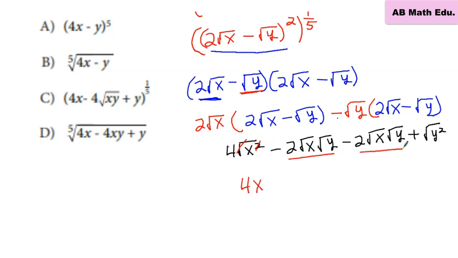This and that are like terms, so we bring all together, it's going to be negative negative, so we give them negative 4 root x and root y, and this goes away, so plus y. Now remember, we have to the power 1/5, so we get that, and that gives us this answer C.